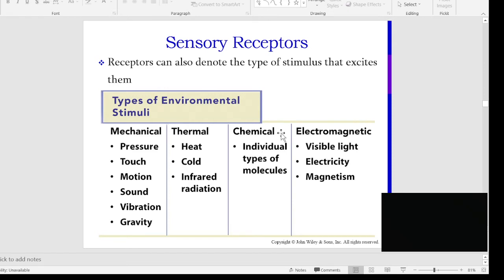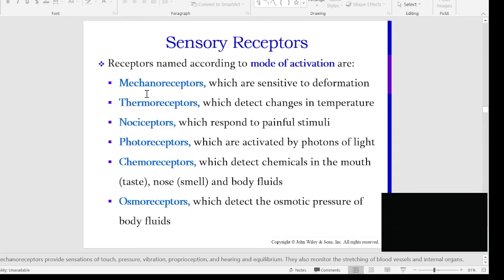So usually, ang chemical receptors, sa gi-mention ko, sa special senses na siya na-fall. Electromagnetic, no? That includes also light. So light sa mata, special senses. So here we have the mechanoreceptors, thermoreceptors, noci, that is for pain, photo, that is for light, chemo, that is for the chemicals.